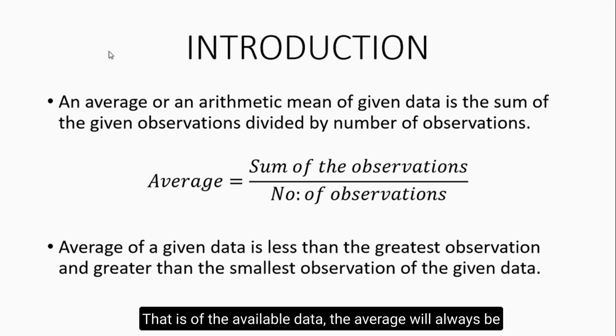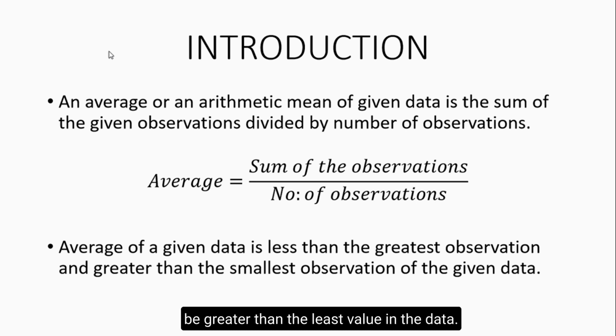Of the available data, the average will always be lesser than the greatest value in the data and will always be greater than the least value in the data. For example, in our question, the least value was rupees 2000 and the highest value was rupees 7000. So the average we found is 4000, which lies between the least value and the highest value.